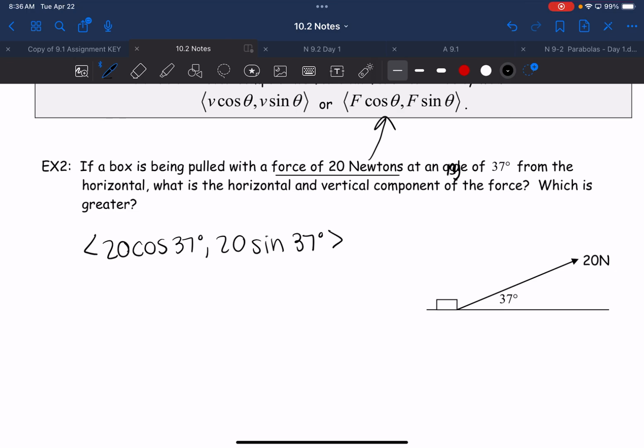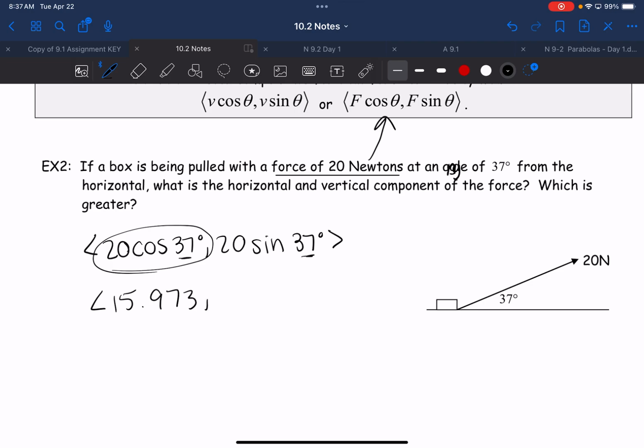All right, so if they wanted it exact, this is how we would give it. But in order for us to tell which one's greater, we need to actually have some numbers, right? So, making sure my calculator's in what mode? Degree, right? Because both of these were given in degrees. You're going to type 20 times cosine of 37 into your calculator and tell me what you get there. All right. So 15.97.